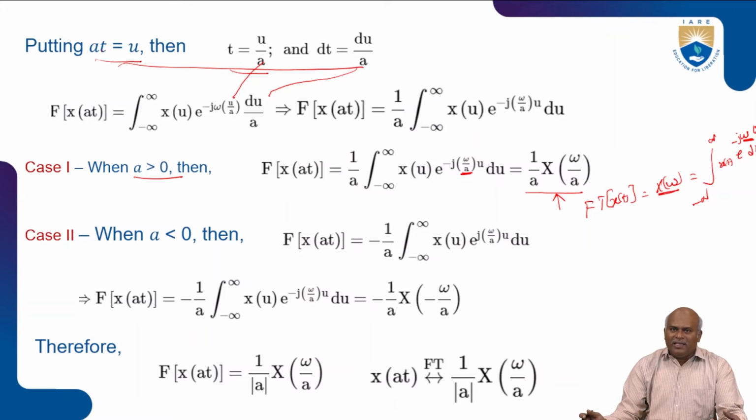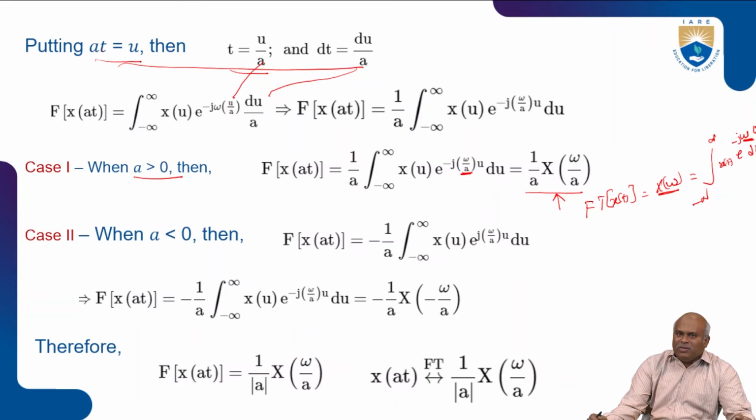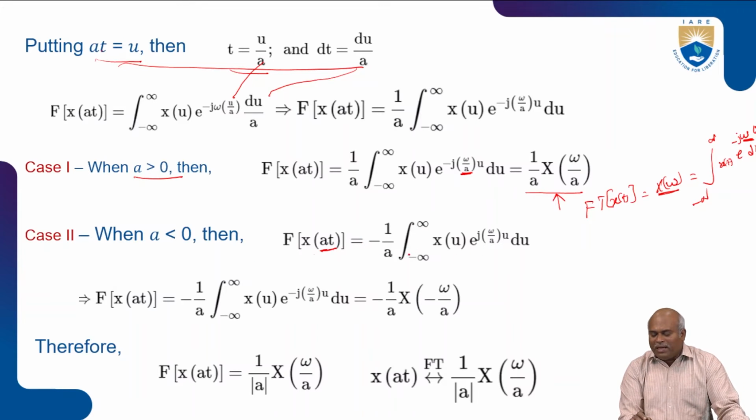Suppose a is less than 0, it represents the negative values. That means minus a, that is minus 1, minus 2, minus 3, and so on. For the time scaling property, x of at, where a is a negative value, we take that minus value outside.